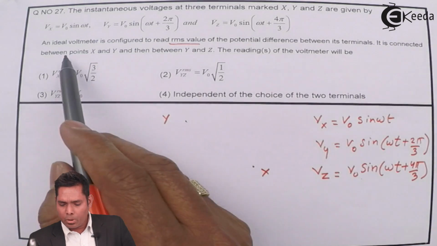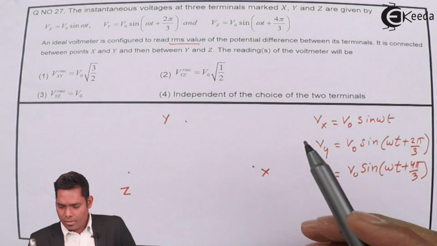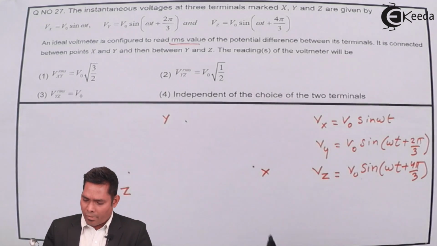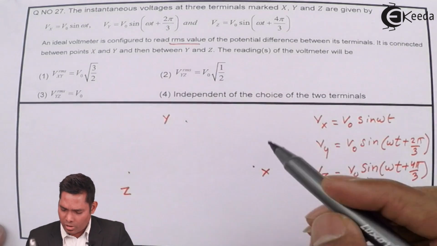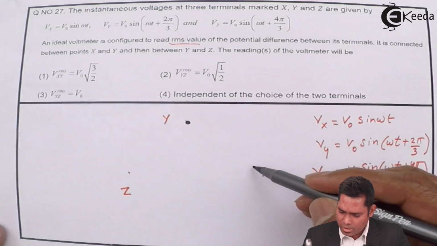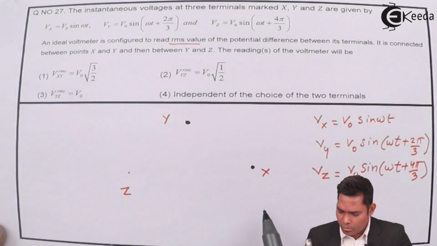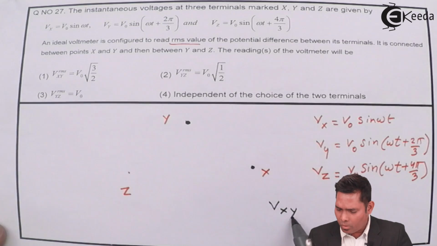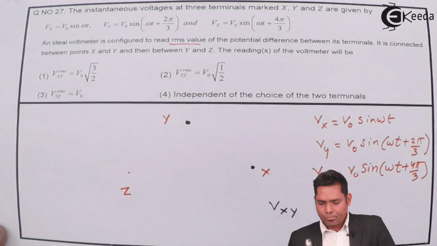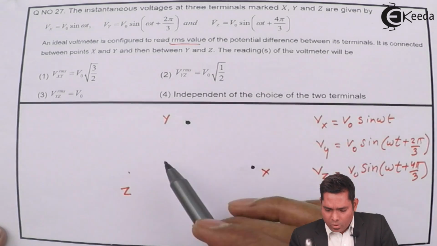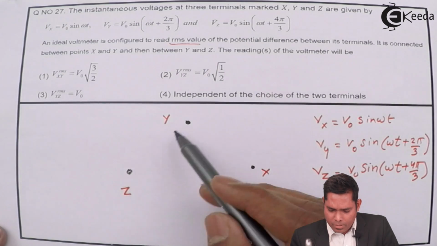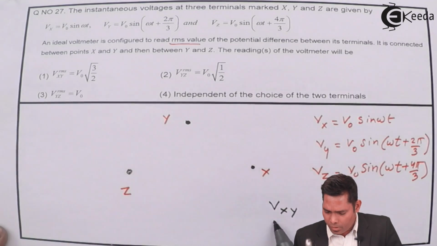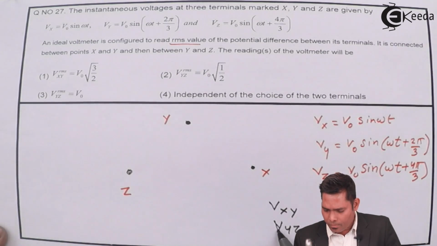It is connected between the points X and Y, and then Y and Z. That will give us Vxy or Vyx, and between the other two points it will give us Vyz.